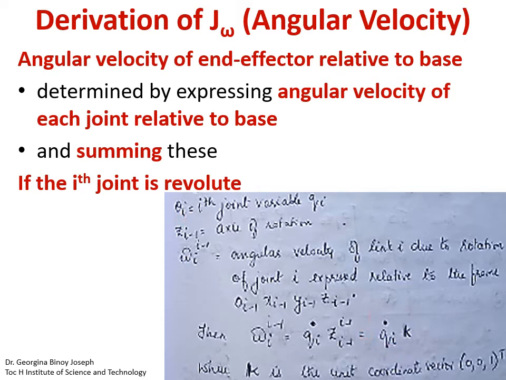Here we are generalizing it, writing it as qi dot into k. In our case k is the axis of rotation, z i minus 1, so we write qi dot into z i minus 1.